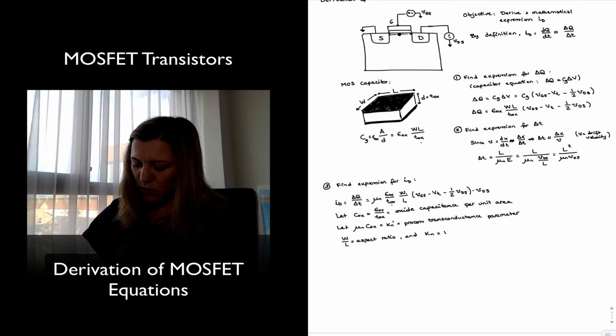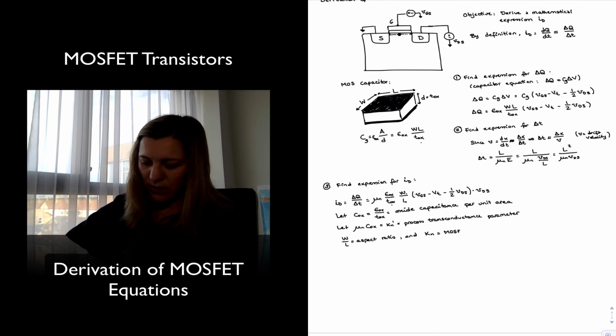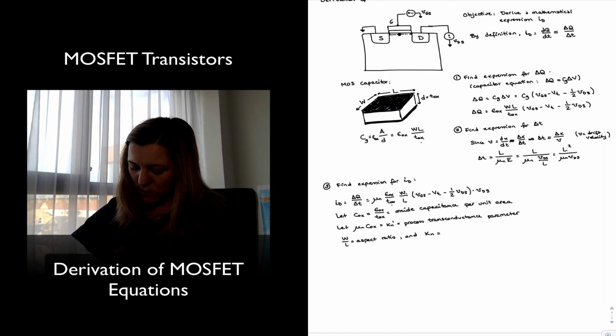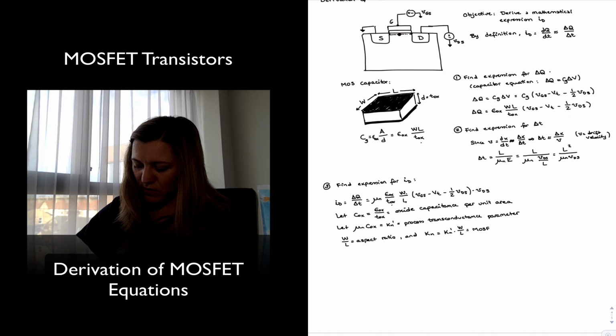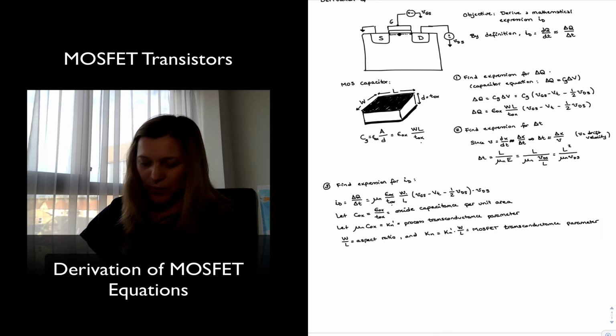And so that's typically called either the transistor transconductance parameter, or I guess I haven't defined it yet. Maybe I'm getting ahead of myself. So this is going to be Kn prime times the aspect ratio. That will be the MOSFET transconductance parameter, or the transistor transconductance parameter.